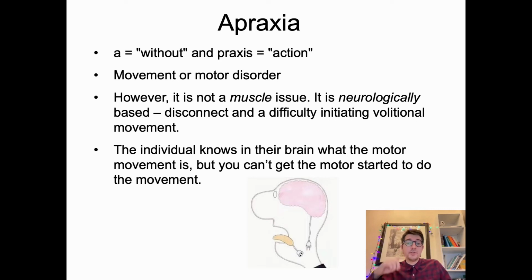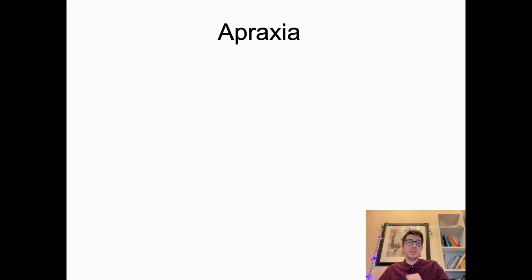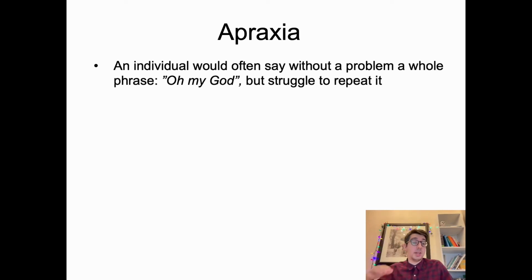And after a lot of trials and errors, an individual might do something like this. For example, they might, as I said, after a lot of trials and errors, say without any issue the whole phrase, "Oh my God." But they would struggle to repeat this phrase. They will keep struggling if they want to find it intentionally.